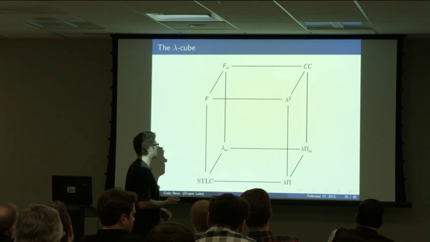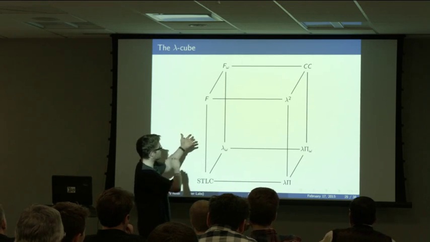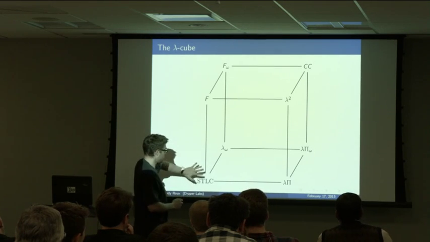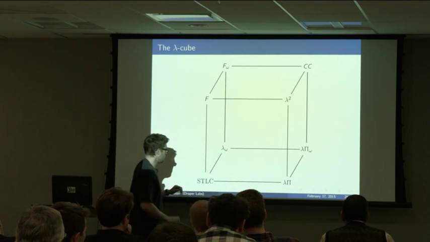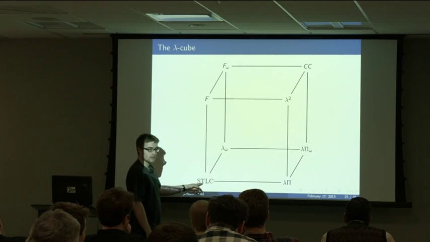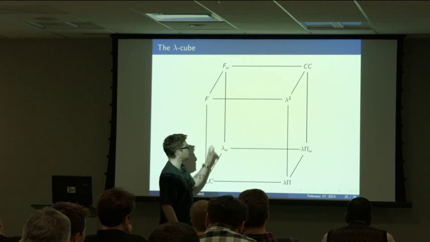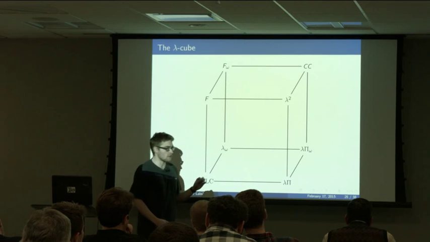I actually drew the cube. Here's the cube. And now that I'm close to it, it looks like it's the wrong way around. But anyway, this is in front, and that's in back. Basically, you start here in the lower left corner, and you progressively add features until you get into the upper right-hand corner, which is the calculus of constructions.